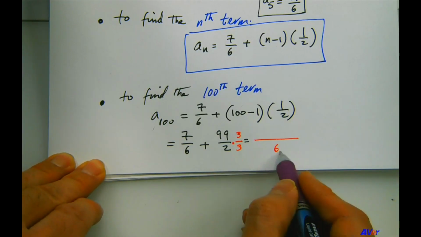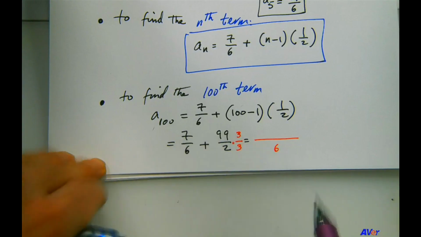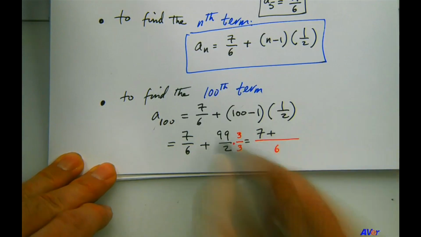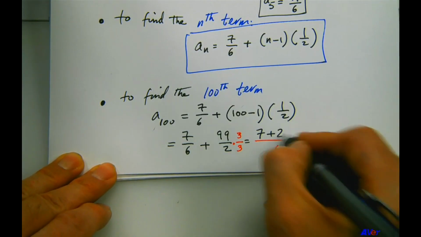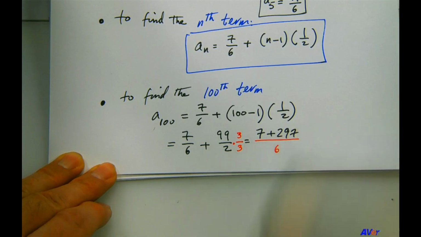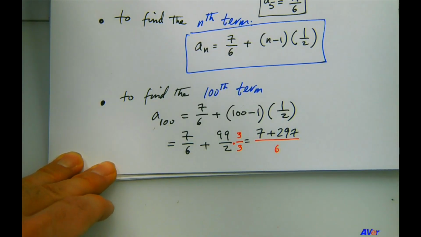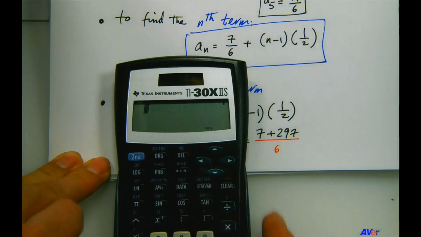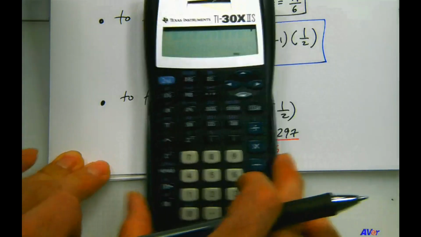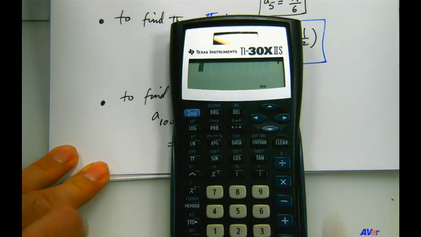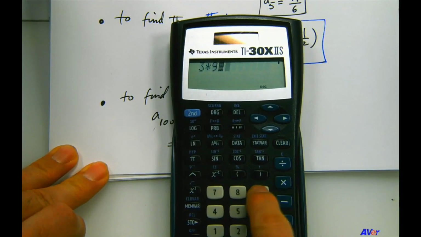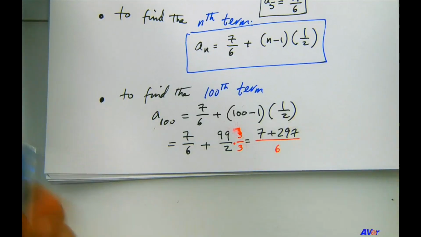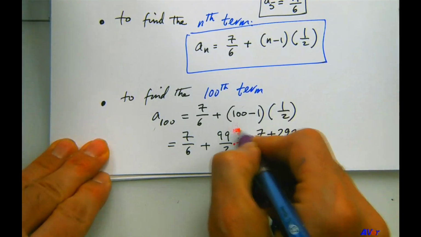So 3 times 2 is 6. Now we can add the numerators. So we have 7 plus 3 times 99, it's 297, right? So let's double check. 3 times 99, 297, yeah. There you have it. Oops, I smeared my ink here.